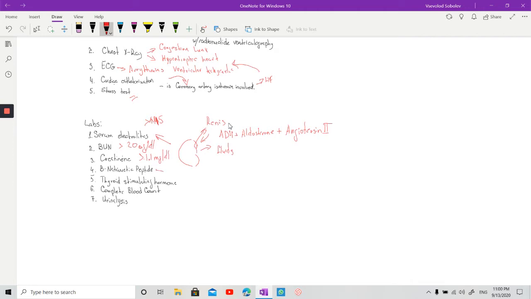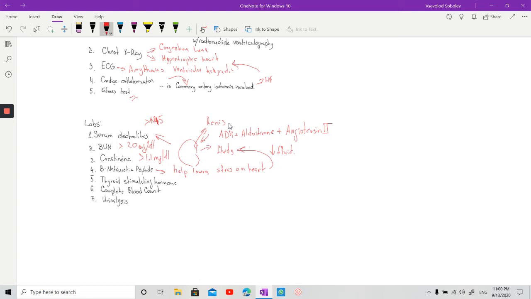Actually, beta natriuretic peptide helps lower stress on heart. It actually works on the kidneys, trying to diurese the body, so it tries to lower the fluid in the body.